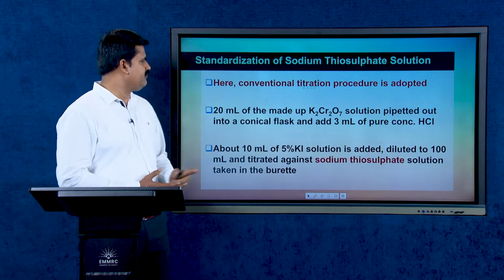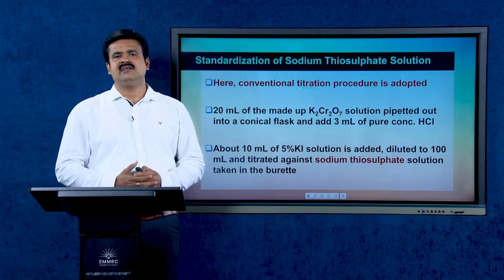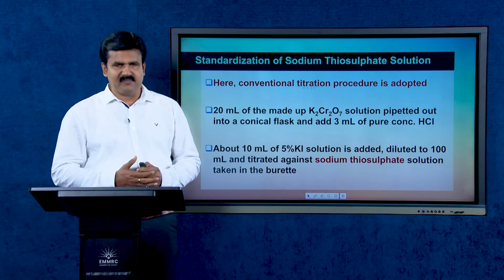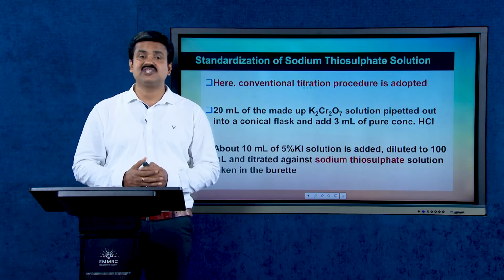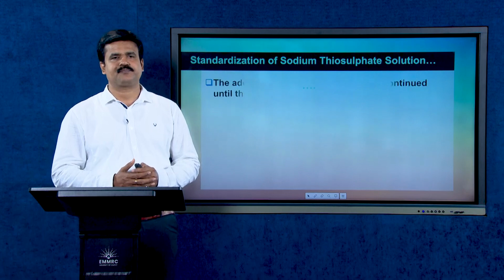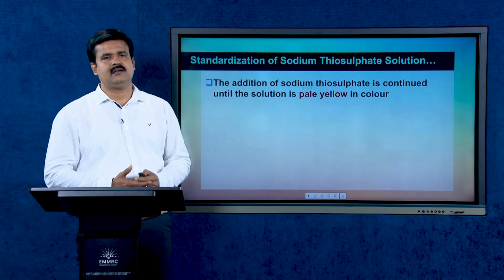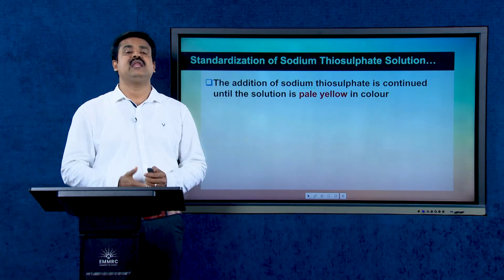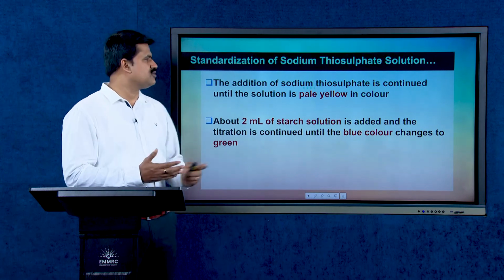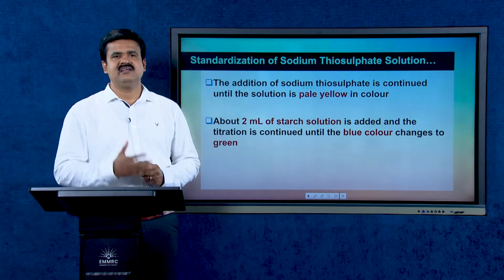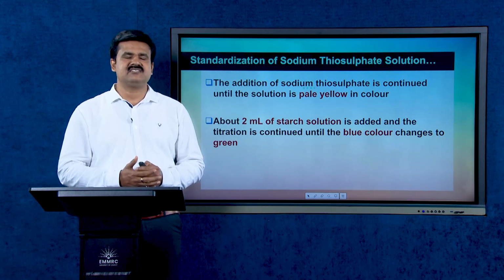About 10 ml of 5% potassium iodide is added. The solution is diluted to 100 ml and titrated against sodium thiosulfate solution taken in the burette. The addition of sodium thiosulfate is continued until the solution is pale yellow in color. About 2 ml of starch solution is now added and titration is continued until the blue color changes to green.